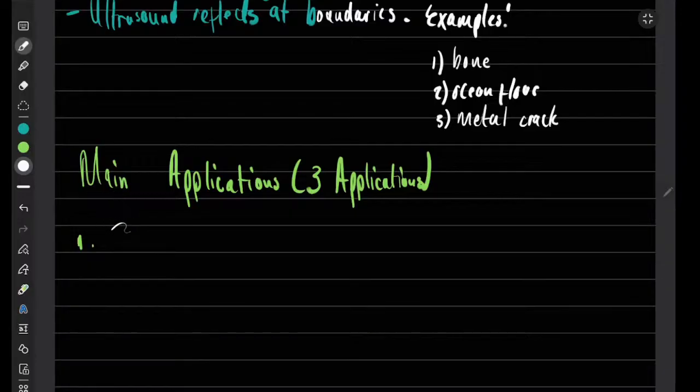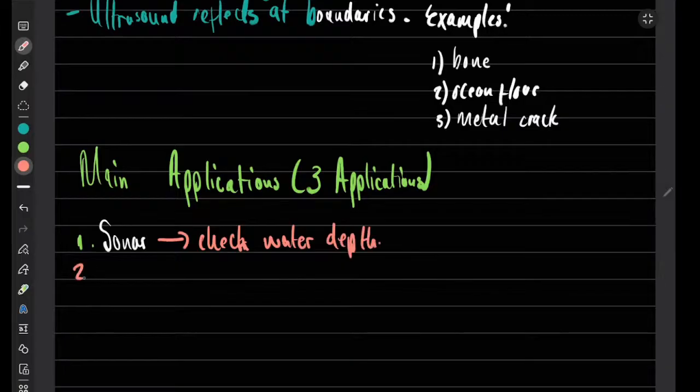Number 1, I want you to say it's used for sonar applications, which is to check water depth. Then number 2, it is used in medical ultrasound. Medical ultrasound, yes. I don't want that thing on me. Hey, it is not dangerous. Okay? It is non-invasive.